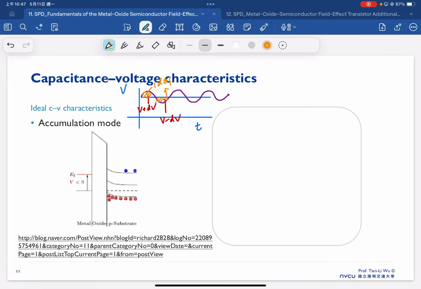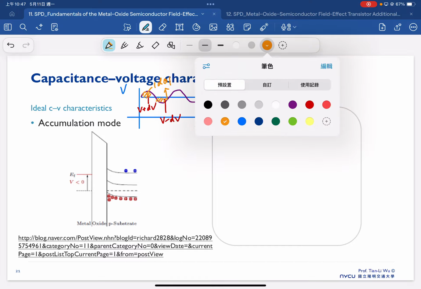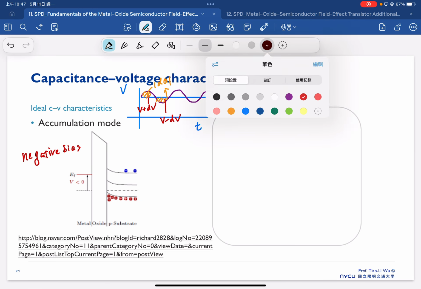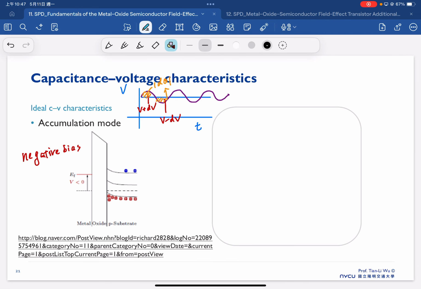So now, again, we're back to the first case with the negative bias. We also use the same charge analysis here. The whole analysis is very similar to the case we talked about for the PN junction CV.